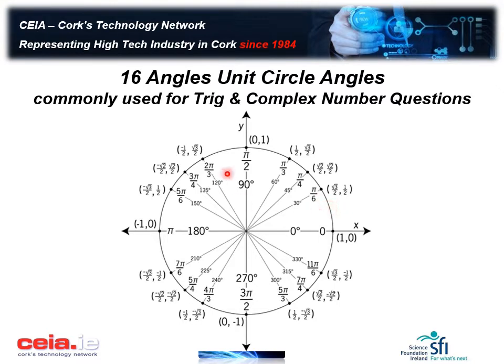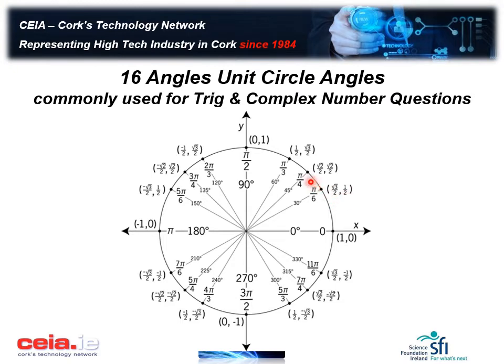Okay, so this diagram gives us everything relating to the unit circle that we need to know. For each angle, what are the coordinates, and therefore what is the cosine and the sine of the angle at the center of the circle. So for pi over 6, we're seeing cosine of pi over 6 is root 3 over 2, sine of pi over 6 is a half.